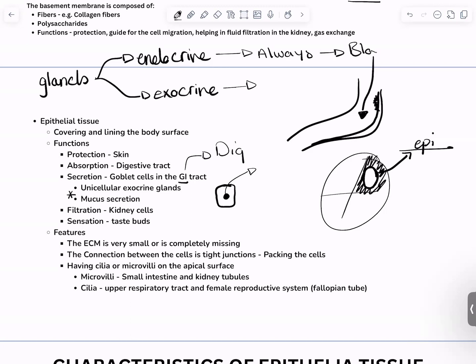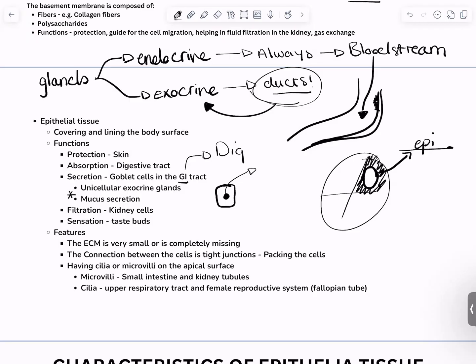And exocrine glands release the chemical substances into the special ducts that they have. So if you see a gland has a duct, remember all the time it's exocrine.